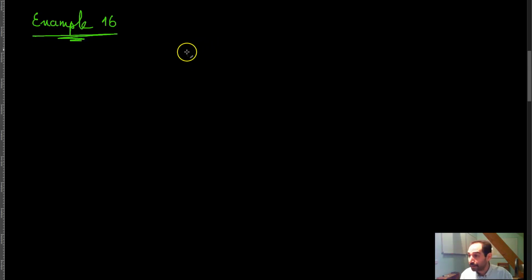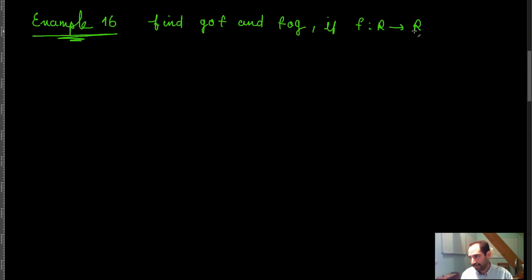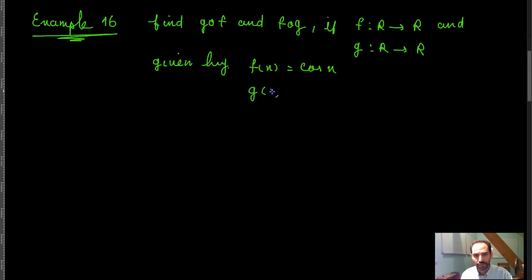Example number 16 says: find GOF and FOG if f is a function from R to R and g is a function from R to R, given by f of x is equal to cos x, and g of x is equal to 3 times x squared.